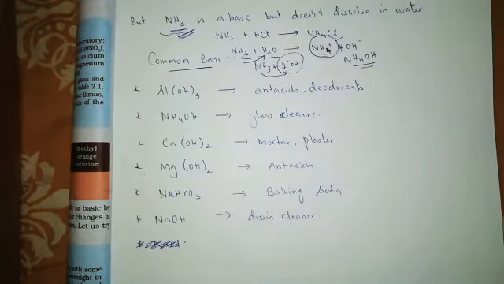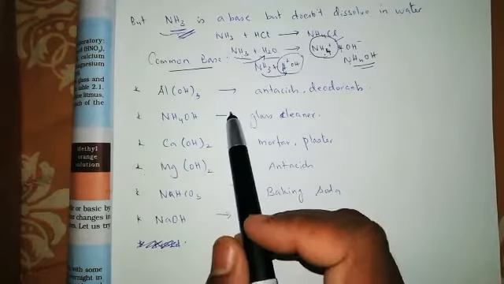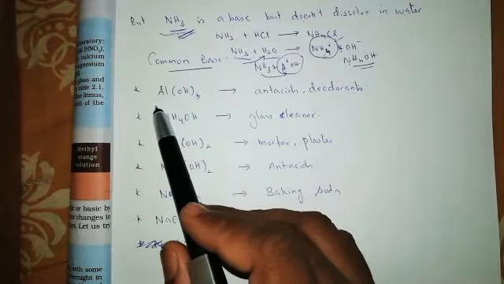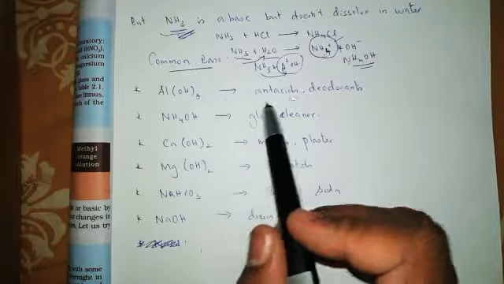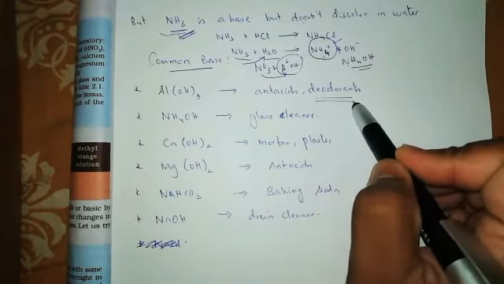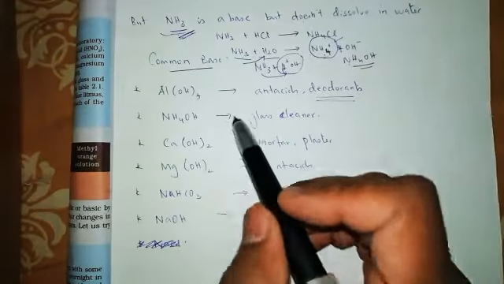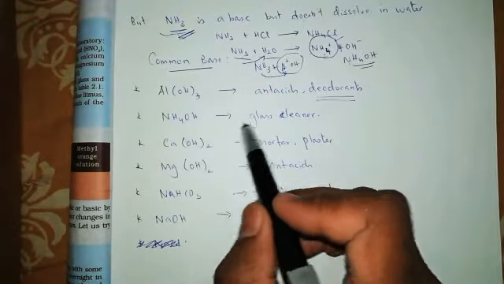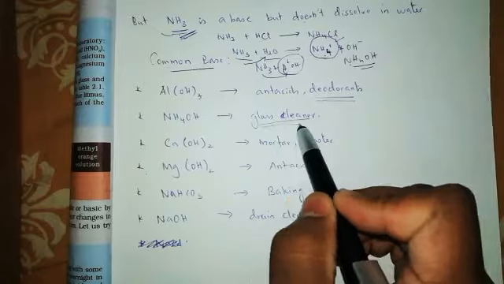Right? Let's see some common bases that we use in day-to-day life. Aluminum hydroxide can be used in antacids as well as in deodorants. Ammonium hydroxide is used as a glass cleaner.